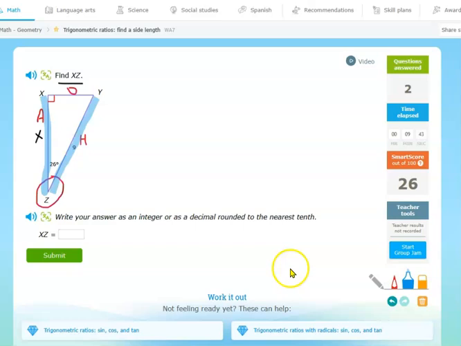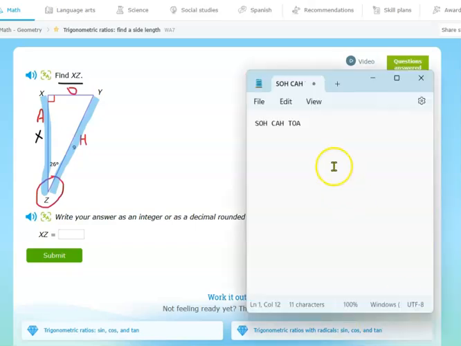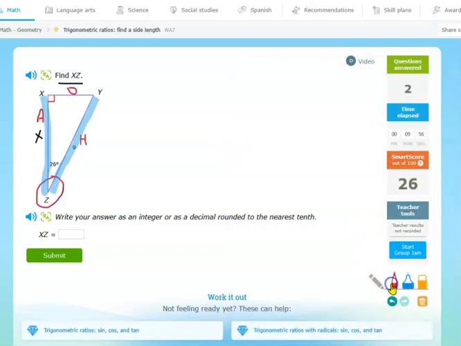I've got A and H. Let's go over to our mnemonic device, A and H. The only one that has A and H is CAH. That stands for cosine equals adjacent over hypotenuse. Let's put that up here. Cosine equals adjacent over hypotenuse.